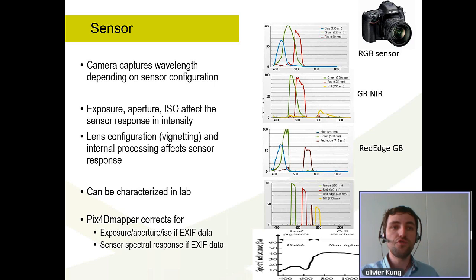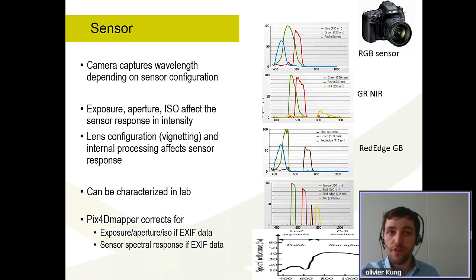Finally, there are also some effects from the lens configuration, basically the amount of light which is perceived by the sensor coming frontally versus coming from the edge is not the same. The response will be much higher when the ray goes directly through the center of the sensor than from the side.